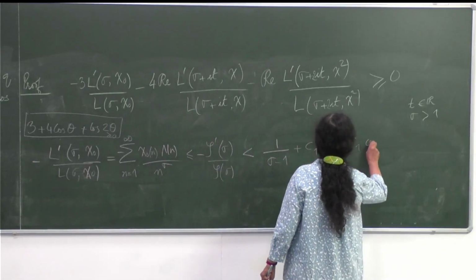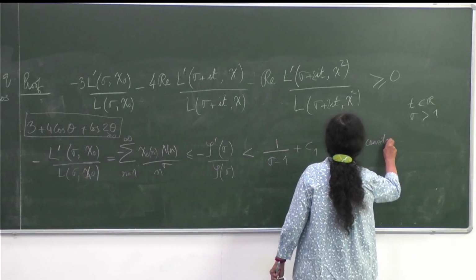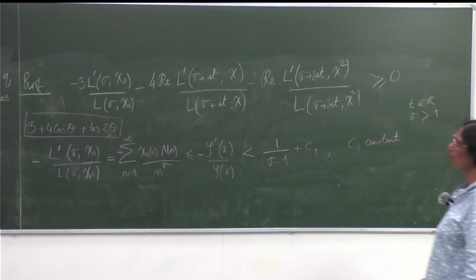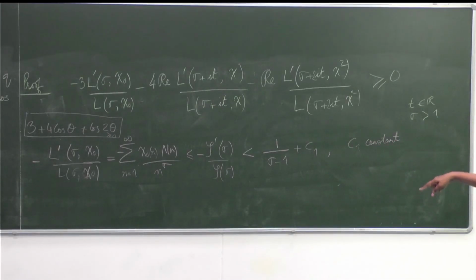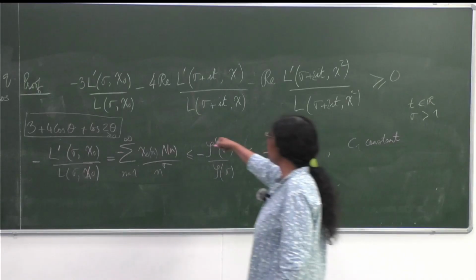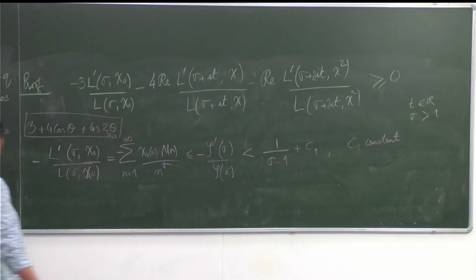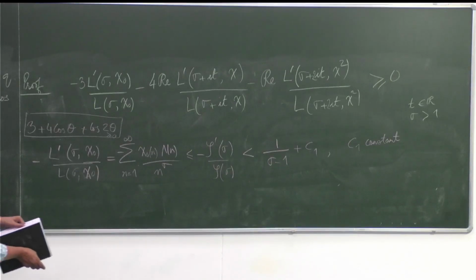C1 is a constant. Is that okay? So I have a bound for L prime by L, and this constant is positive.